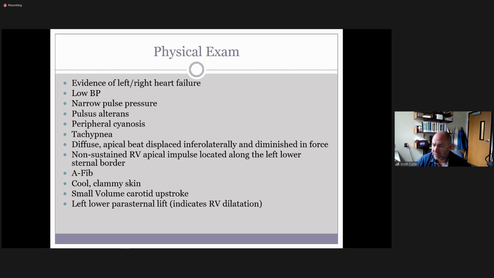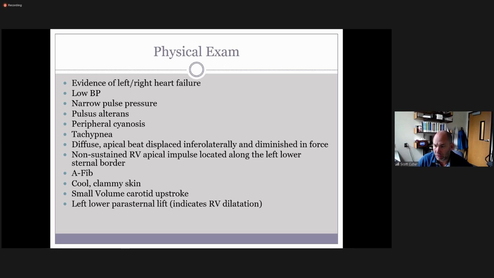They could have a non-sustained right ventricular apical impulse located along the left lower sternal border. Okay, those aren't details I'm necessarily going hog wild after, but just the FYI. They could end up in AFib. Again, any electrical abnormalities would present themselves, AFib being one of the ones that we would see commonly in an echo lab. Cool, clammy skin is going to go along with that peripheral cyanosis.